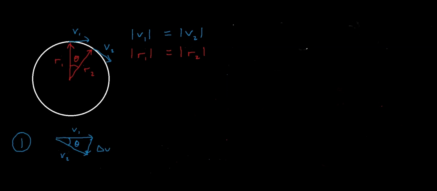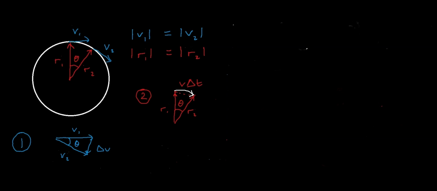We can form an isosceles triangle using the two velocity vectors and angle theta. The angle between the two vectors is theta, as v1 is at 90 degrees to r1 and v2 is at 90 degrees to r2, so the angle will be the same as that between r1 and r2. The last side of the triangle is equal to the change in velocity. We can then form the segment of the circle enclosed by r1 and r2.